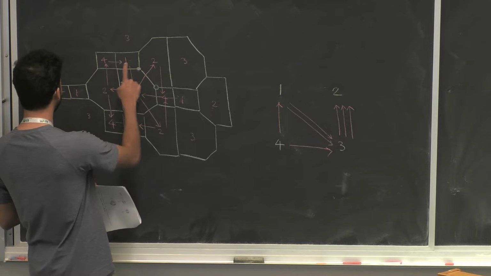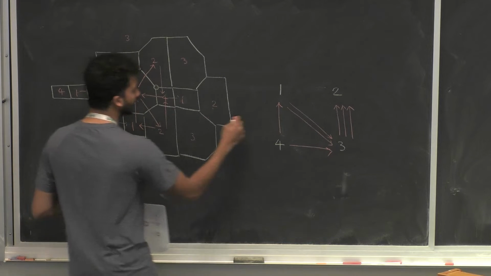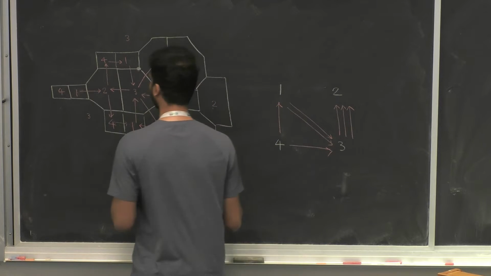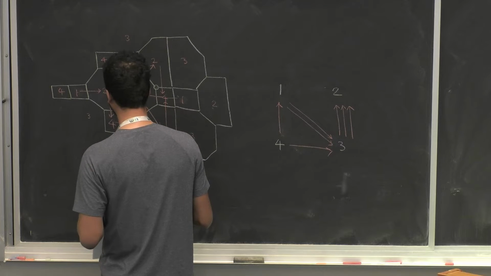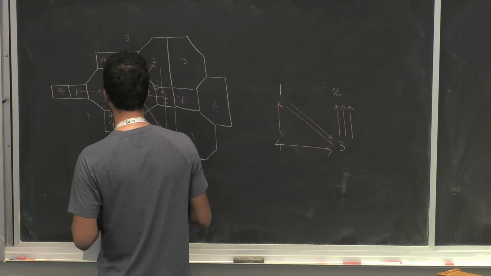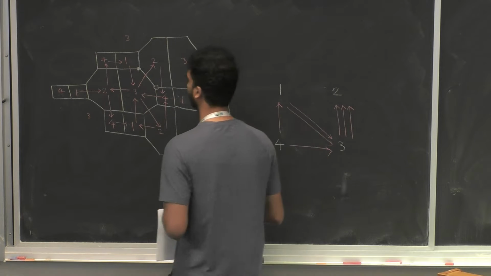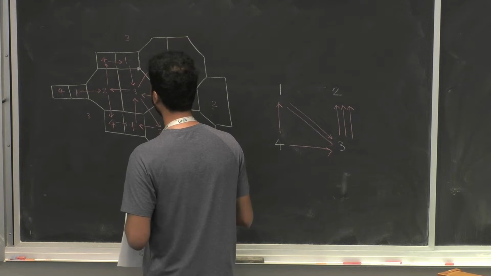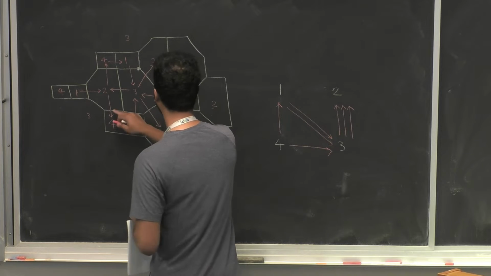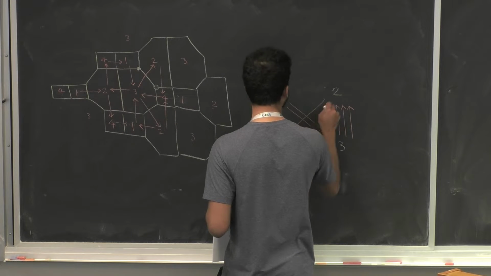And between 1 and 2, I have an arrow from 1 to 2. And from 2, I have 2 arrows to 4.